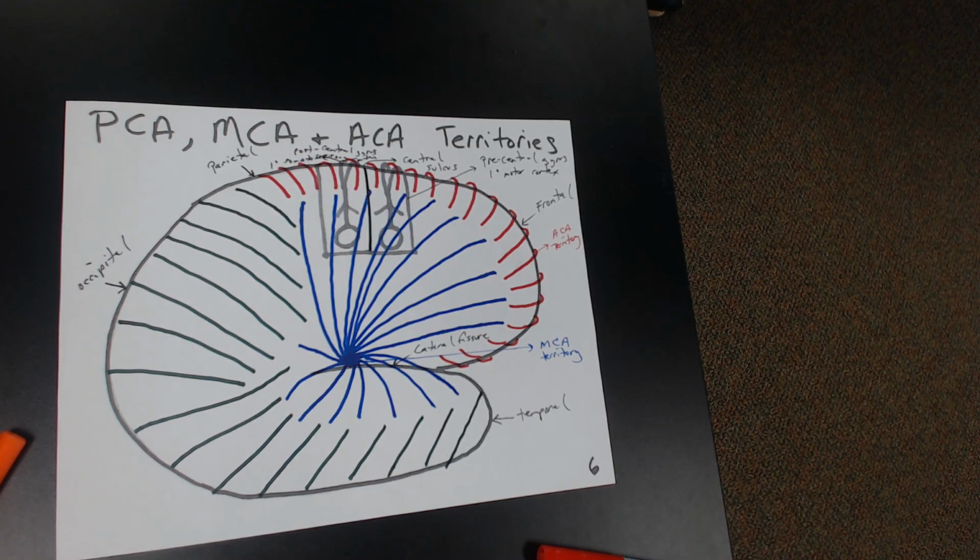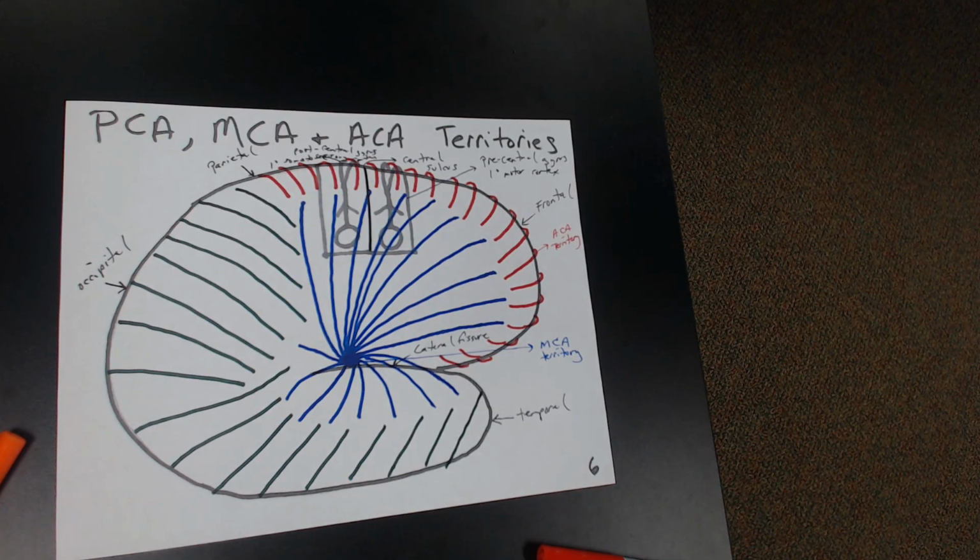Jonathan? So territory is all the areas that that artery is supplying blood to. Correct. That is correct.